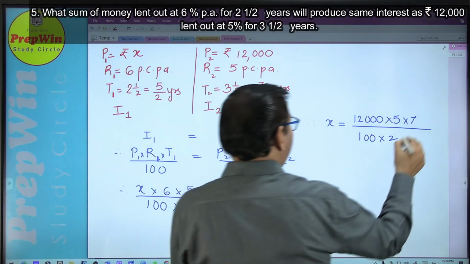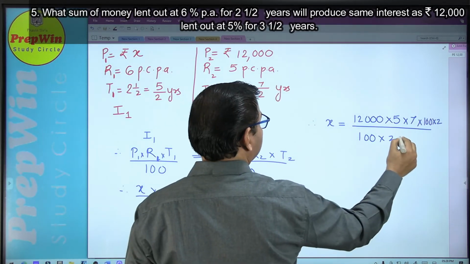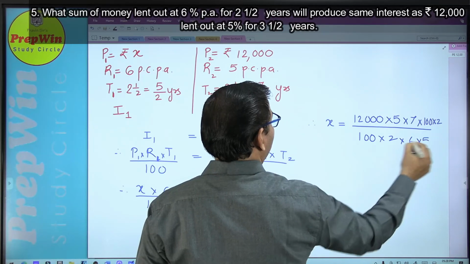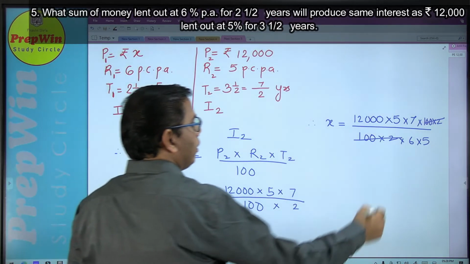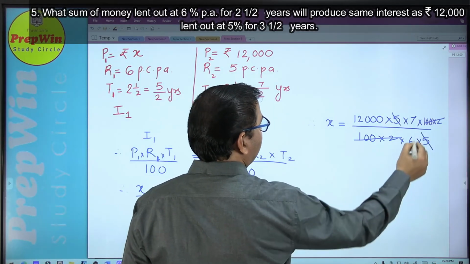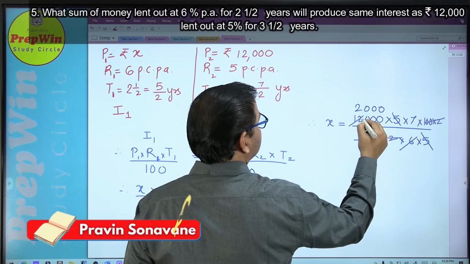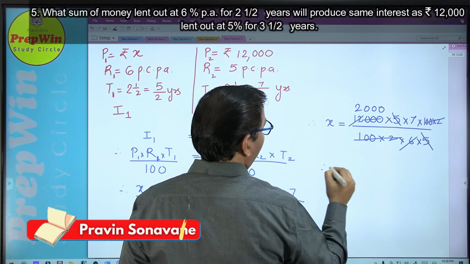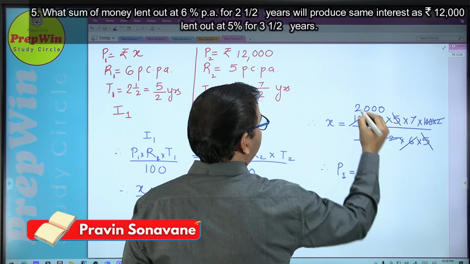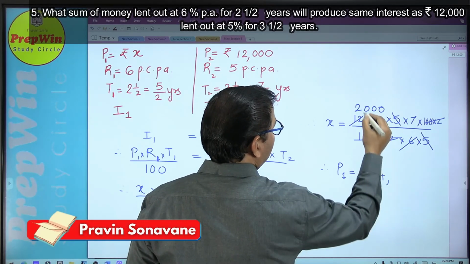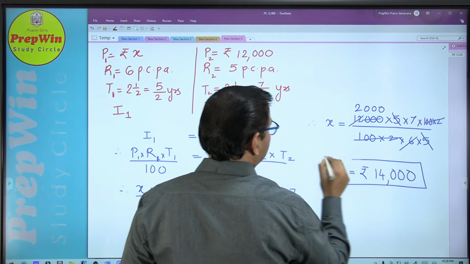This 100 into 2 by cross multiplication will come here, and this numerator 6 and 5 will come here. 100 into 2, 100 into 2 cancelled, right? 5 and 5 also cancel. 6 into 2 is 12, and these 3 zeros carry forward. Therefore P1 is equal to how many rupees? 7 into 2 is 14, and followed by 3 zeros, that is 14,000. Isn't it easy?